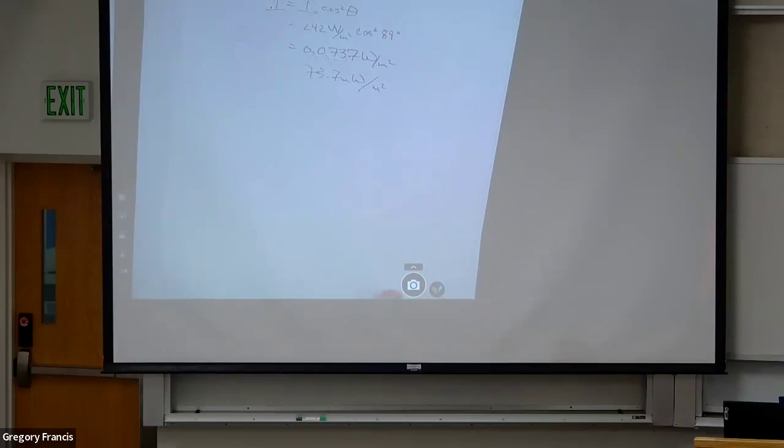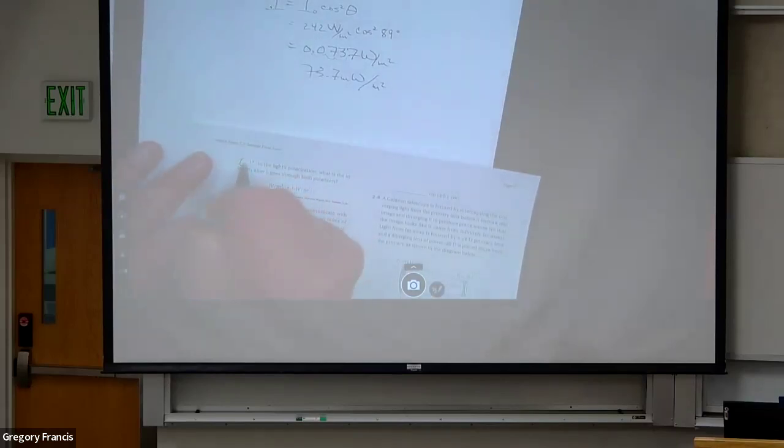If we place another polarizer in between the light and the first polarizer, which you don't move, what angle did you put in there? I think mine was 60 degrees. 60 degrees, okay?